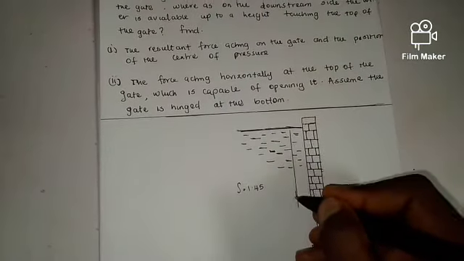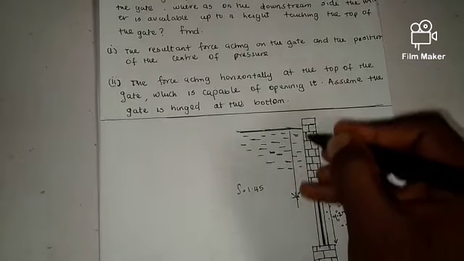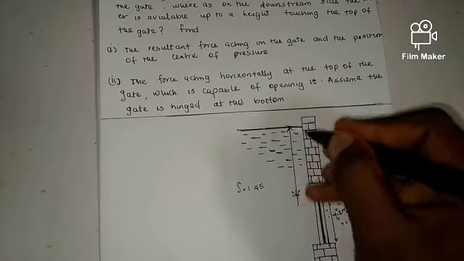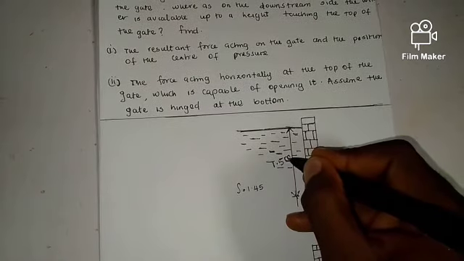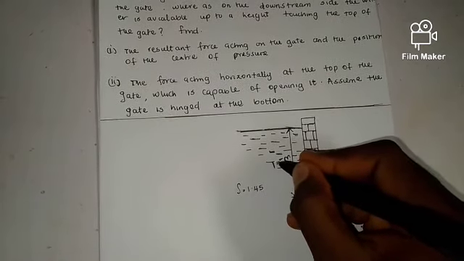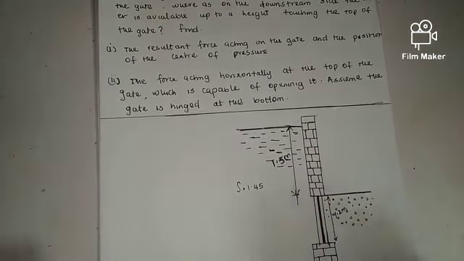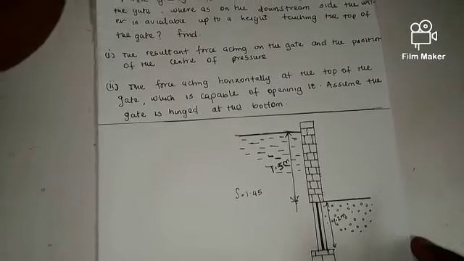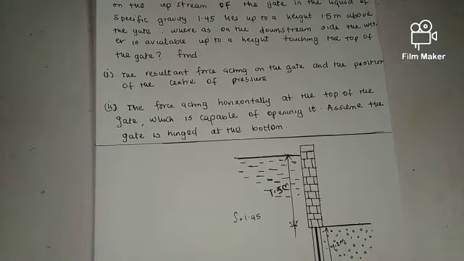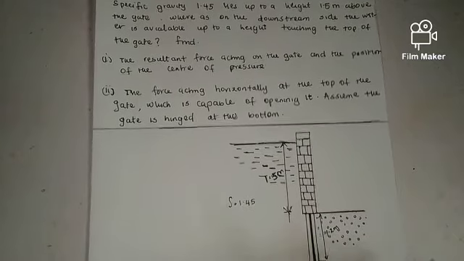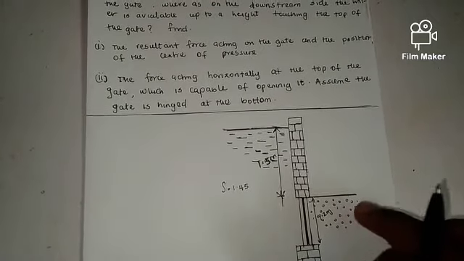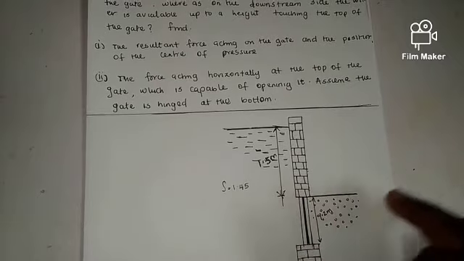We are basically interpreting what we are reading. Whereas on the downstream side, the water is available up to a height touching the top of the gate. You can see that the water on the downstream side is touching the top of this gate.